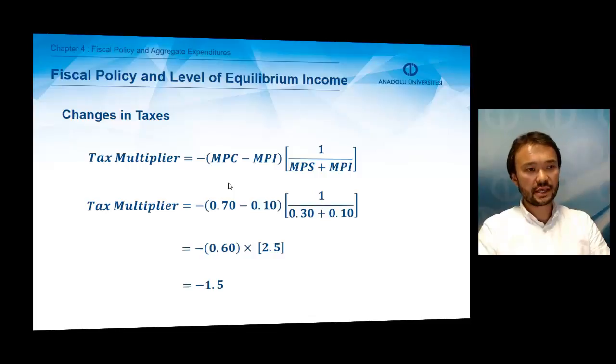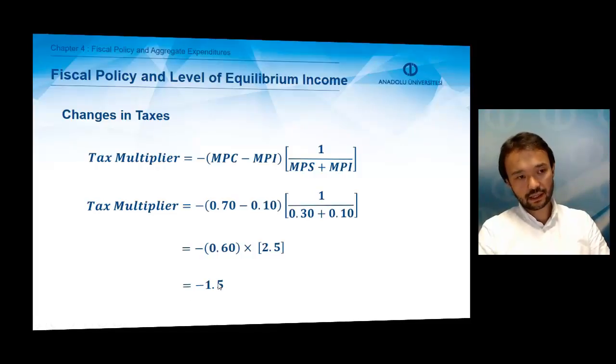Or when there is a change in taxes, we need to calculate the tax multiplier. The tax multiplier shows the relationship between the taxes and the income. Of course, we get a negative value for the tax multiplier, because the expected effect is negative.